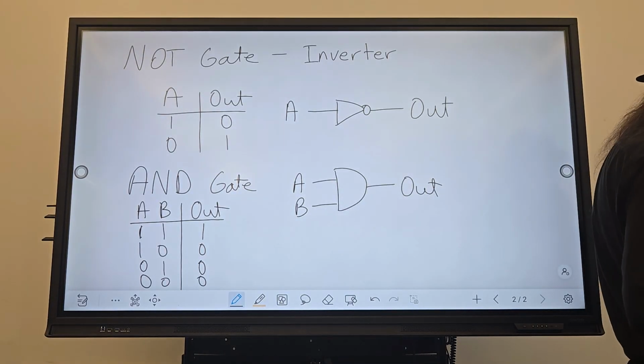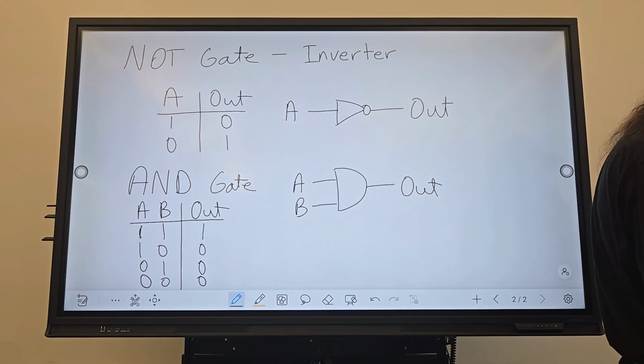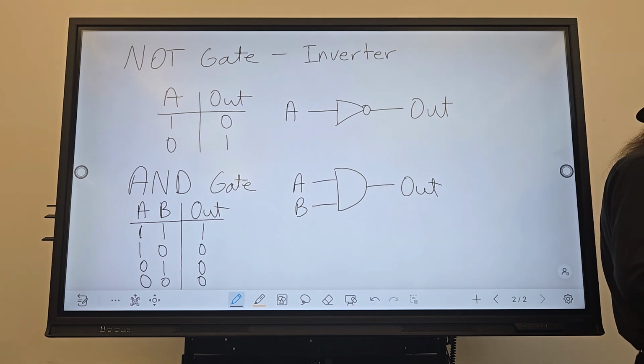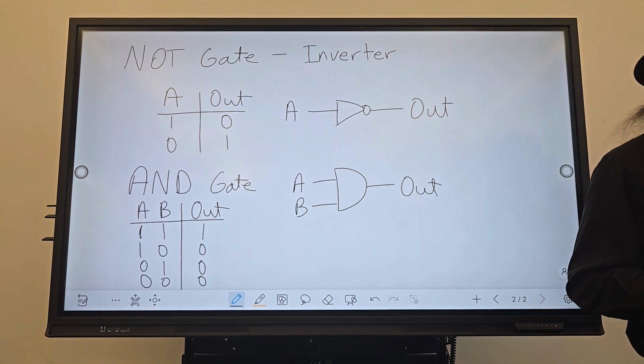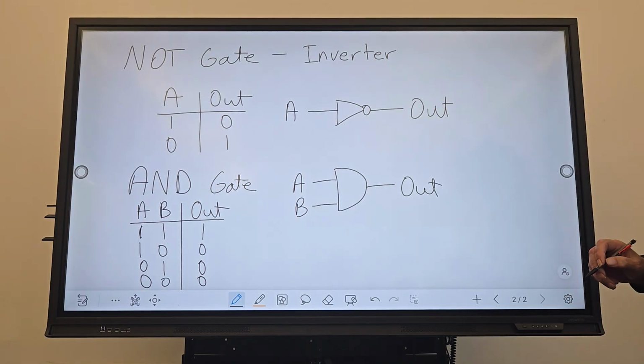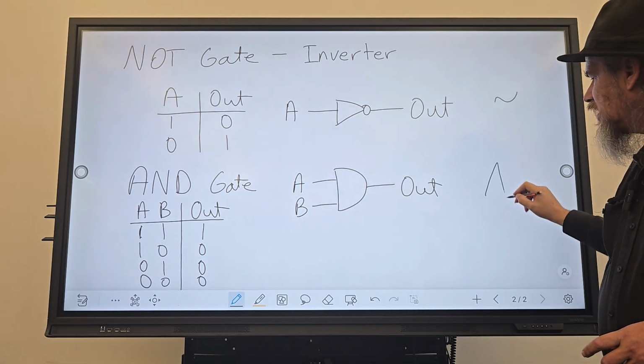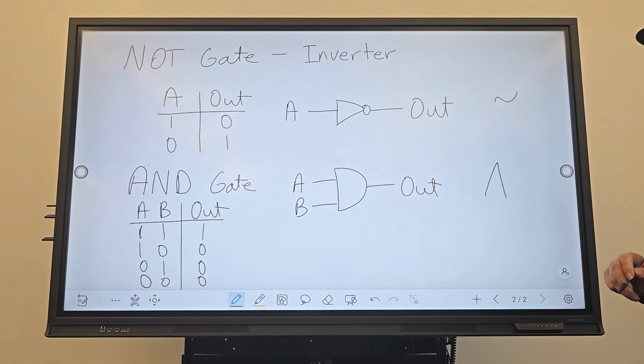An AND gate has 2 or more inputs with 1 output. If all the inputs are 1, then the output is 1. If 1 or more inputs are 0, then the output is 0. So this corresponds to the tilde and the AND symbol here.